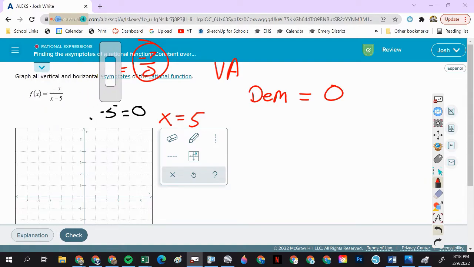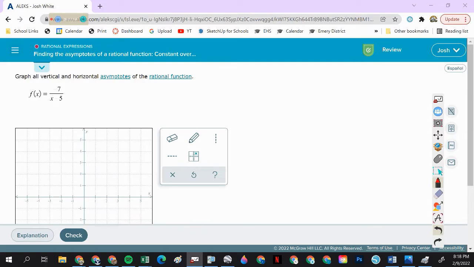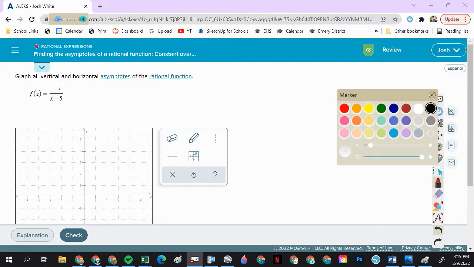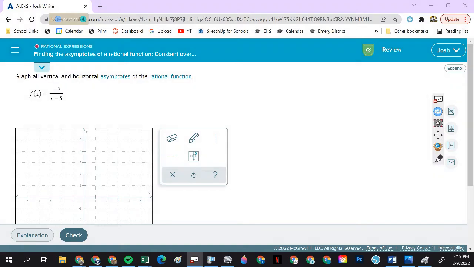So I can go ahead and graph my vertical asymptote at 5. So let's see if I can do this from here. I take my vertical asymptote and I put it at 5. Now, the horizontal asymptote shows up in a relationship between the numerator and the denominator.